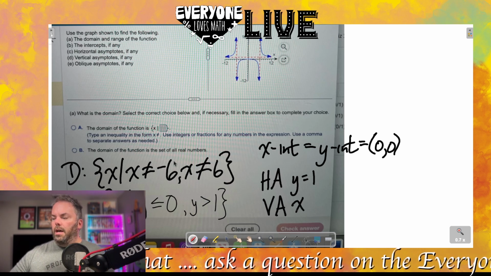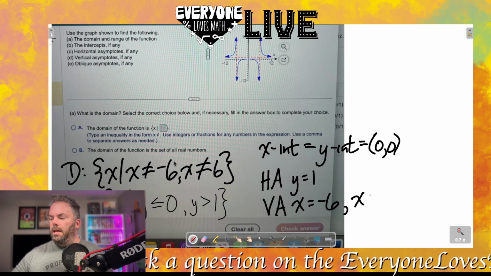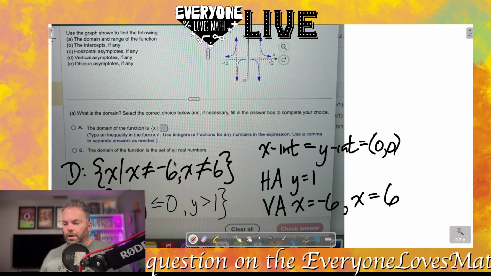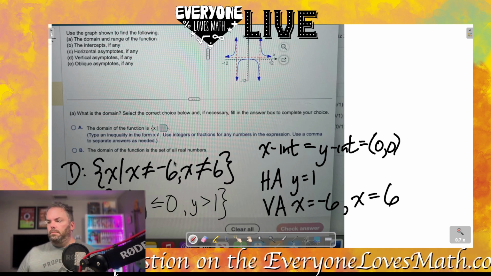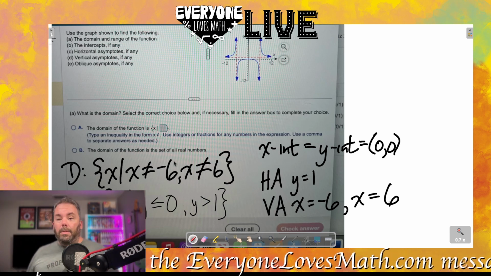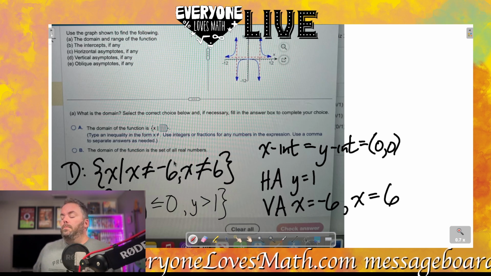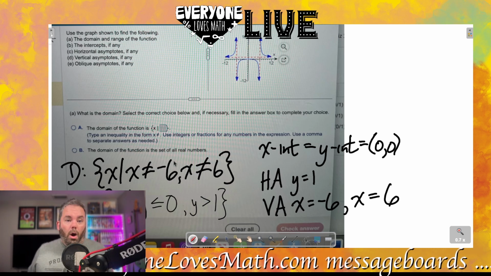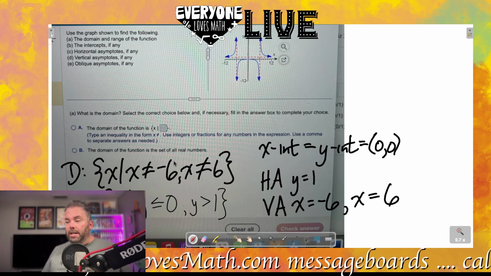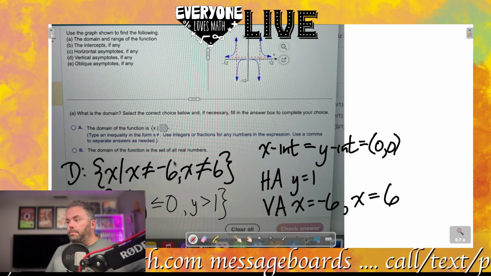Again, zoom in to double check, but it looks like x equals -6 and x equals +6 are the vertical asymptotes. Those are the two places where something bad happens, right? Probably those are the two places that make the denominator 0. And then there are no oblique asymptotes. There's none that are at a slant. We also call those slant asymptotes.